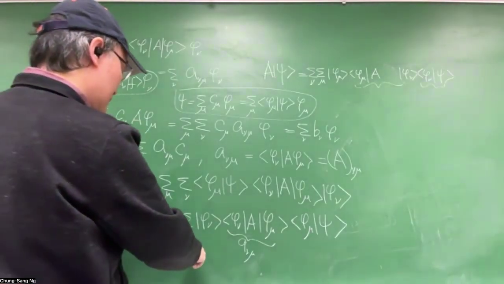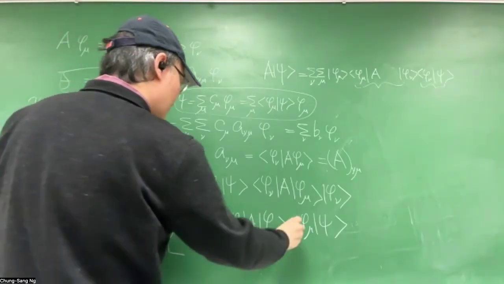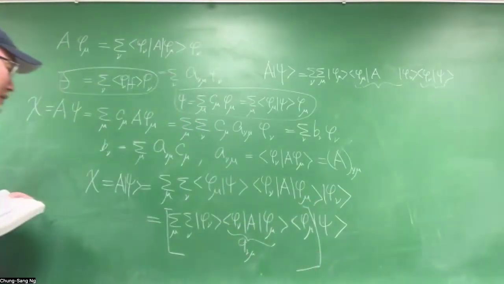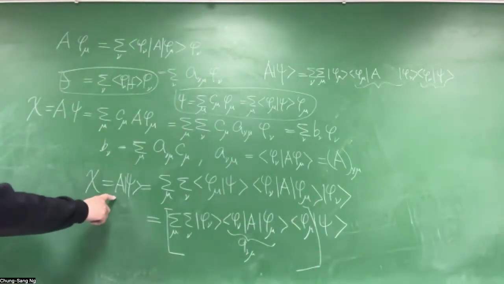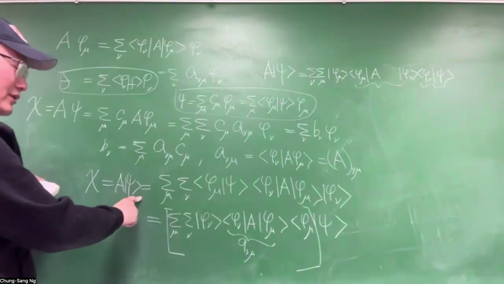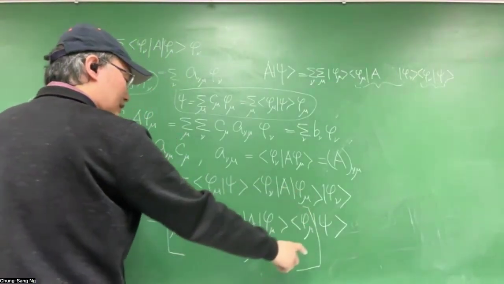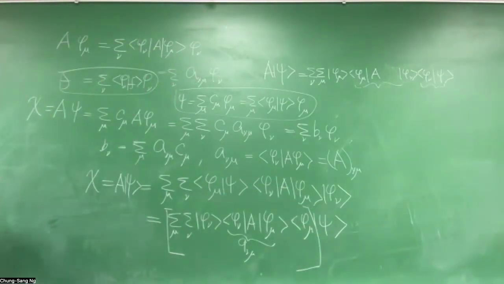You just treat everything like that as something that operates on A. So the A operator operates on this ket vector. It's just this square object operating on this vector.